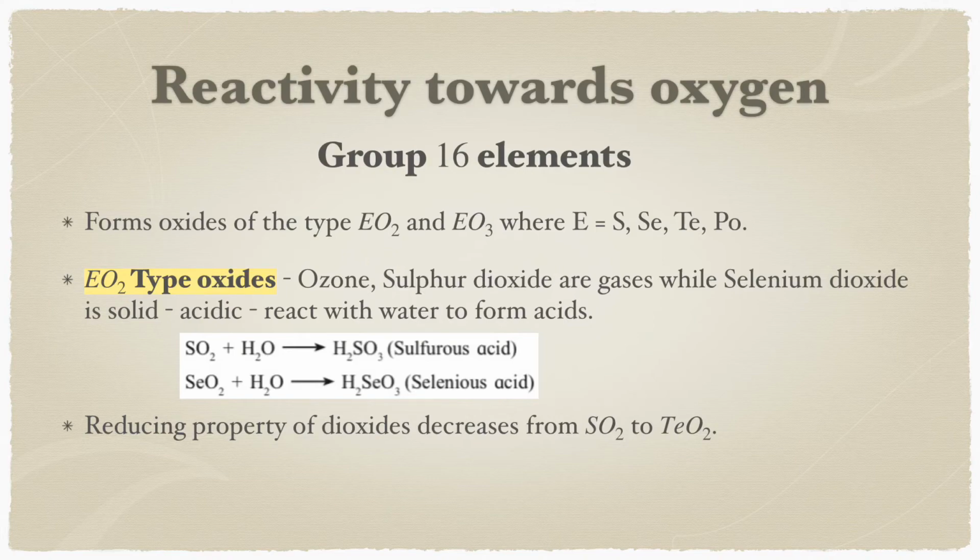Now it forms oxides of the type EO2 and EO3, where E is S, Se, Te or Po, that is sulfur, selenium, tellurium or polonium.